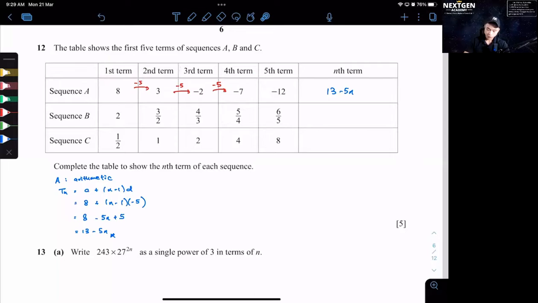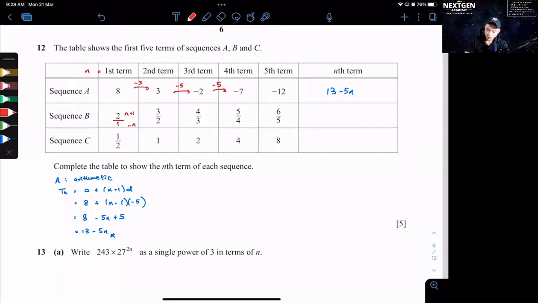Okay, so what I can observe here is that I can put the first term as 2 over 1, because you see 1, 2, 3, 4, 5. The bottom is n. You see, these are all my n. On top, I get n plus 1. You see, my second term, I get 3 because 2 plus 1 over 2. Then 3 plus 1 over 3. 4 plus 1 over 4.